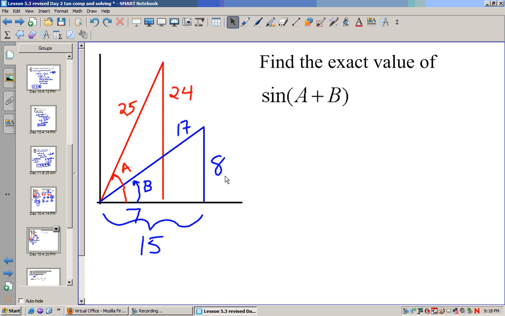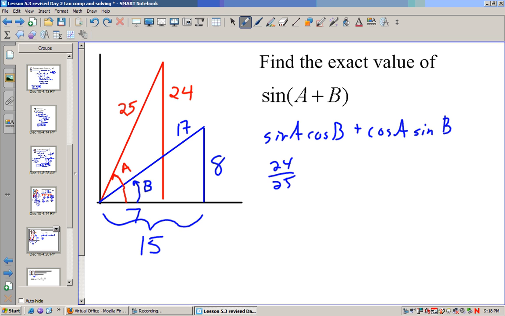Now, using those same values, the sine of a plus b is the sine of a cosine b plus cosine a sine b. Sine of a is 24 out of 25. The cosine of b is 15 out of 17. The cosine of a is 7 out of 25. Sine of b is 8 out of 17.